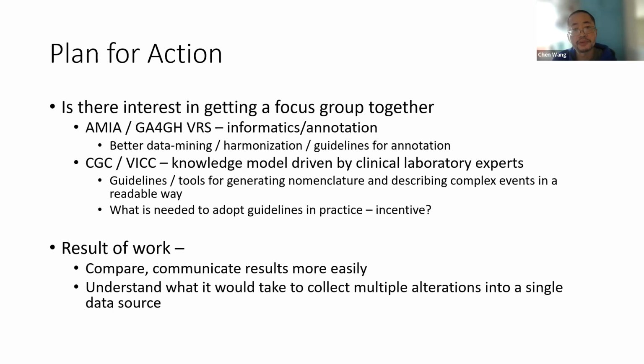And Beth recommended me to get in touch with the VICC group, knowing that this group is very on top of oncogenic variants and could be interested in this topic. We are also talking about the possibility of forming such a focus working group in CGC, because many of the initial discovery and usage of the complex structure variants is coming from the clinical side, as with the young adult / pediatric cancer situation I referred to.